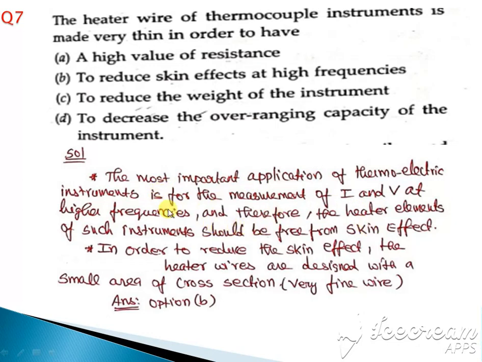Therefore, the heater element of such instruments should be free from skin effect. In order to reduce the skin effect, the heater wires are designed with a smaller area of cross section, that is, very fine wire. The correct answer is option B, to reduce the skin effect at higher frequency.